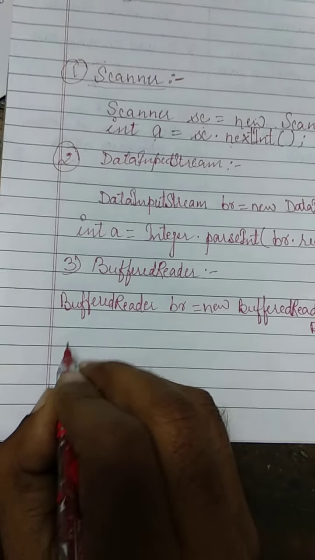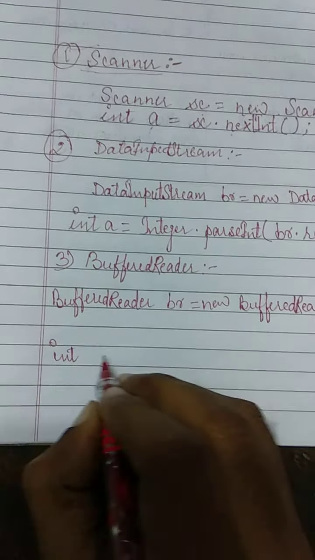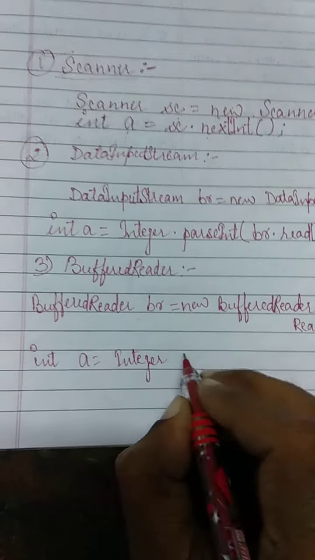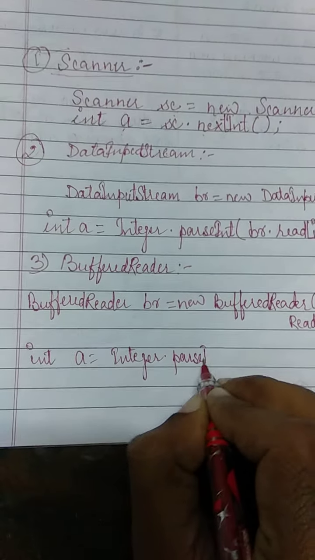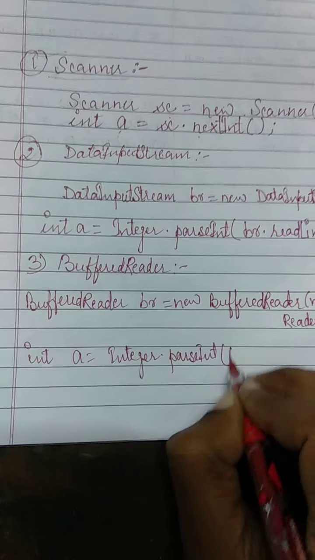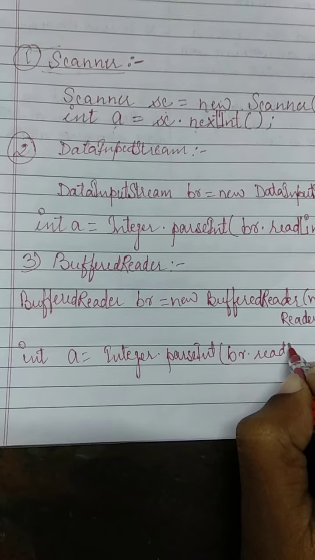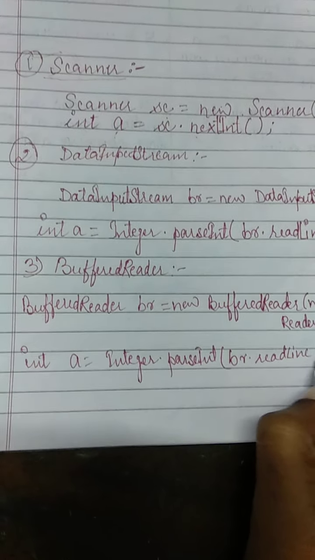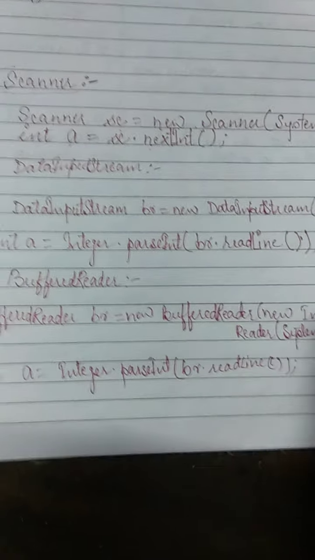Then after that, take the input similarly to the previous one, int a equals Integer dot parseInt, br dot readLine.